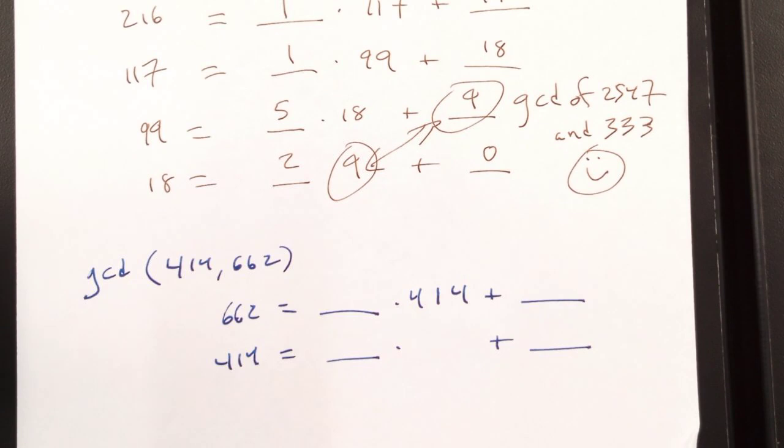If my numbers are relatively prime, this will end with a greatest common divisor of 1. Both of these numbers are even, so the greatest common divisor has to be at least 2. And it turns out to be exactly 2.